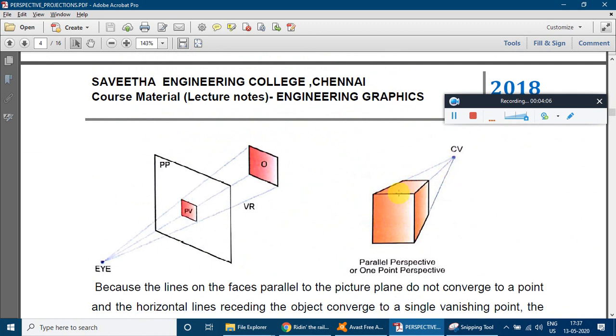The principal faces, the major portion of the solid, will be converging to a point. This is the center of vision, CV. So only one CV is generated, that is, one vanishing point covering all the principal faces. This is called 1-point perspective.